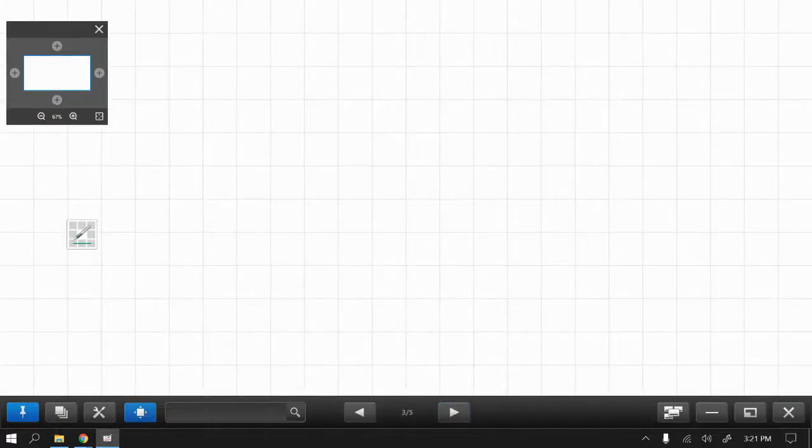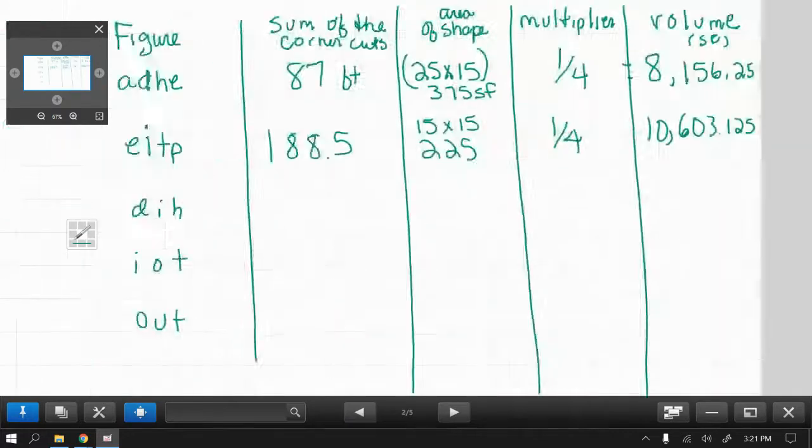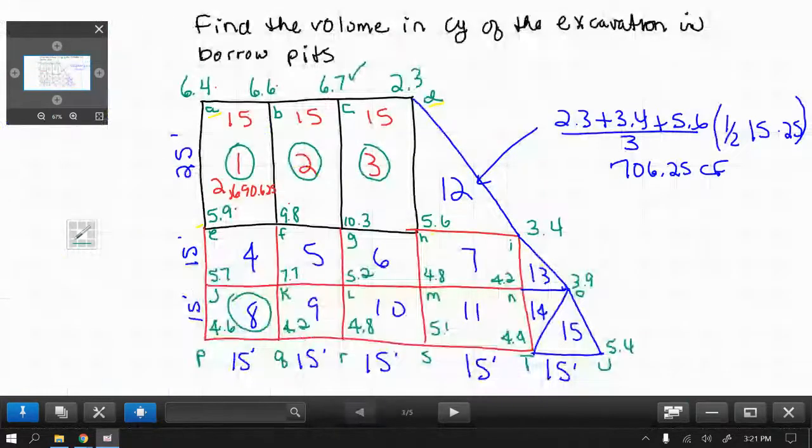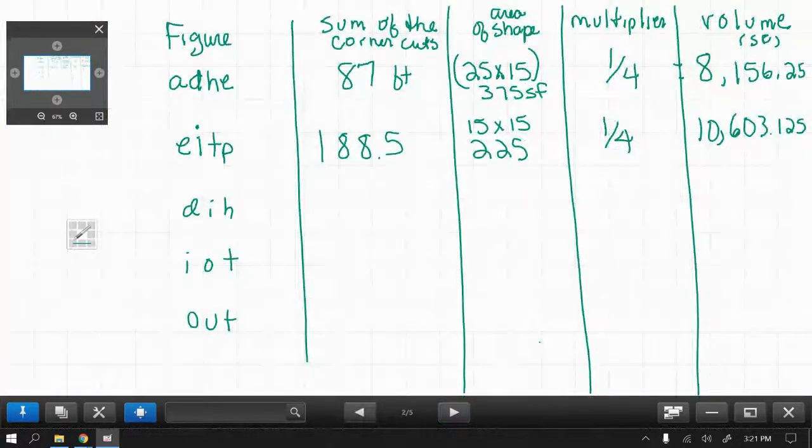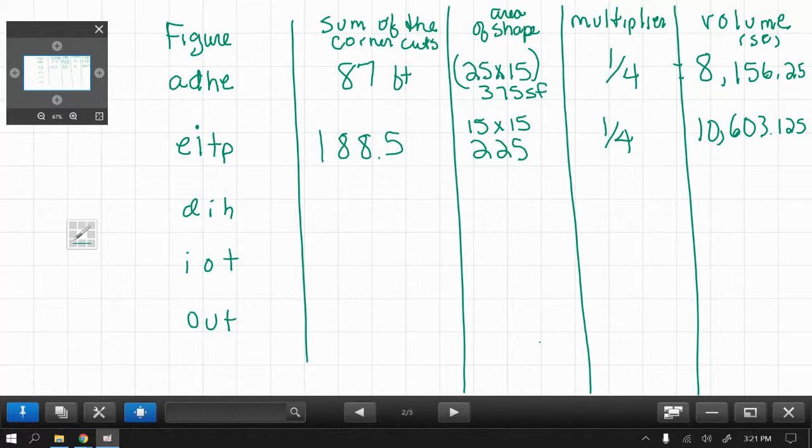If I'm doing the one that's, let's see what number I called that one, 12. If I add all 3 of those together, that's my DHI. That would be 2.3 plus 5.6 plus 3.4. That would be 11.3 goes here.